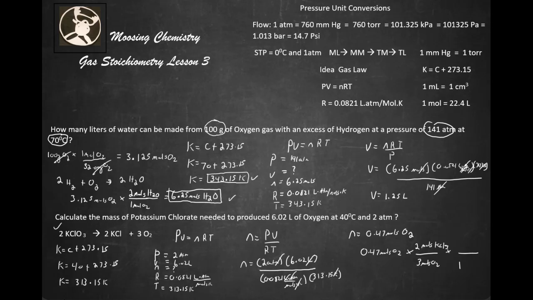And then we're going to times that by the molar mass of potassium chlorate, which happens to be 122.55 grams of KClO3. Moles cancel moles, leaving grams, and our answer is going to be 38.40 grams of KClO3.